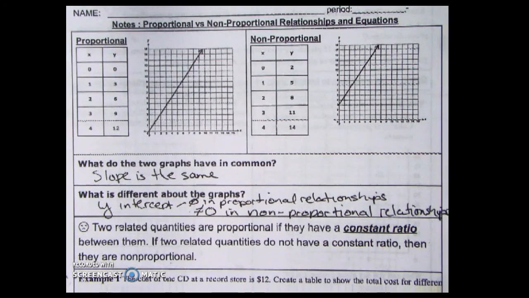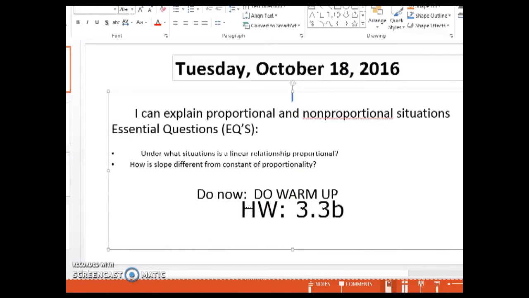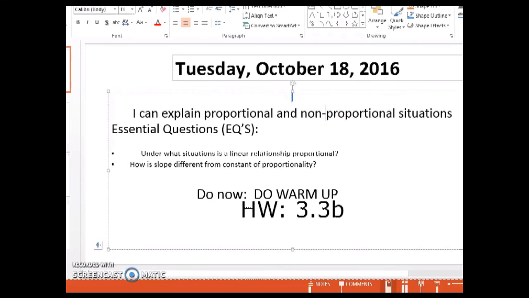Okay. This is a good time to talk about this. Today, we're doing explaining proportional and non-proportional situations, and no matter how I do this, it still tells me I'm spelling it wrong, but whatever. The questions are here, okay?